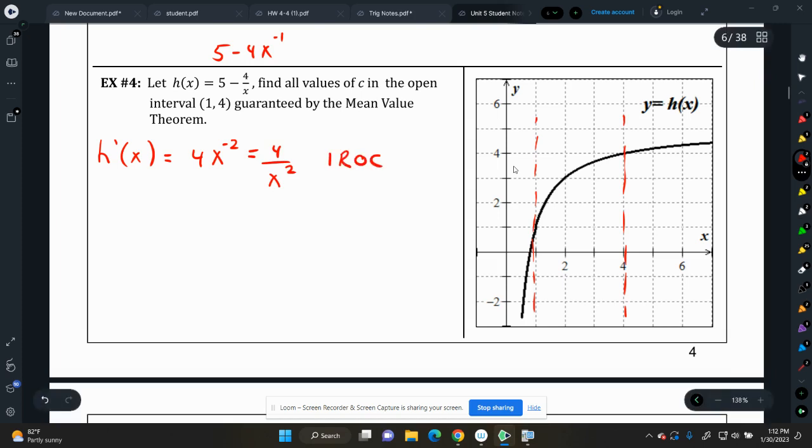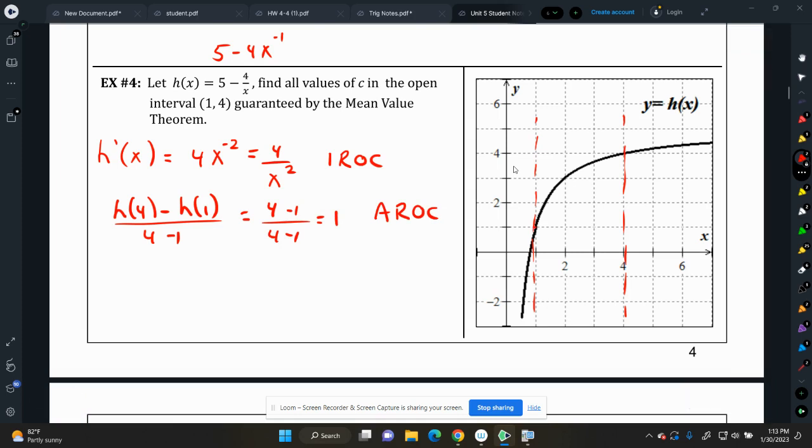My average rate of change, what am I going to do for that? Slope. So h of 4 minus h of 1 over 4 minus 1. H of 4 looks like it's 4, h of 1 is 1. So that's 1. That's my average rate of change.